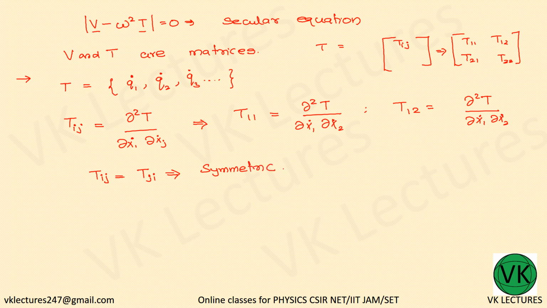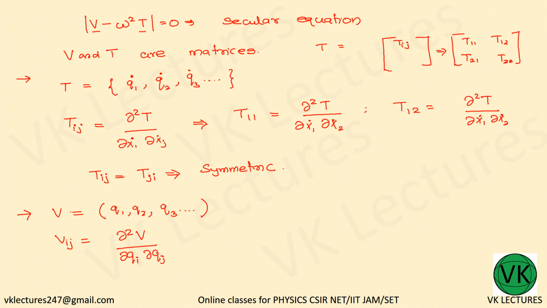Now let us see how to write the potential V. V is a function of coordinates, position, so q1, q2, q3, etc. Now Vij is equal to dou square V by dou qi, dou qj.